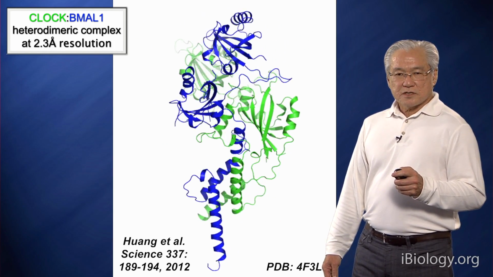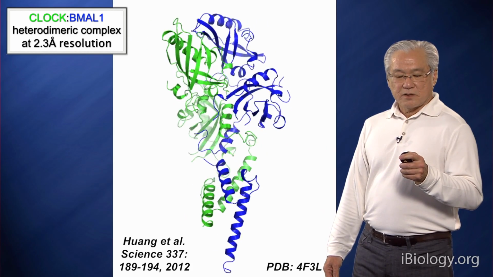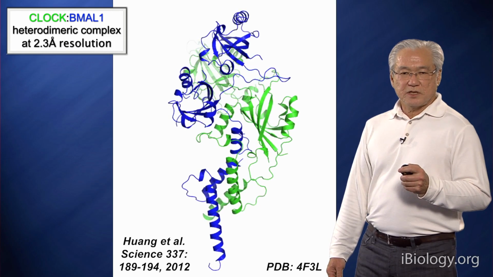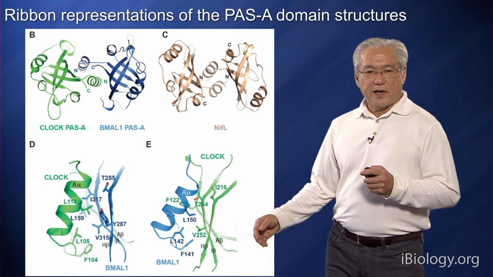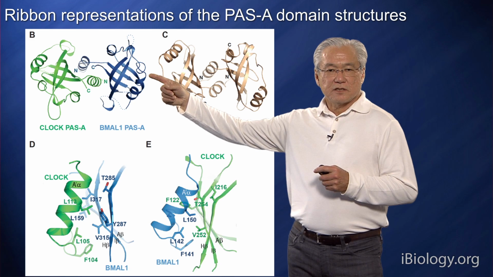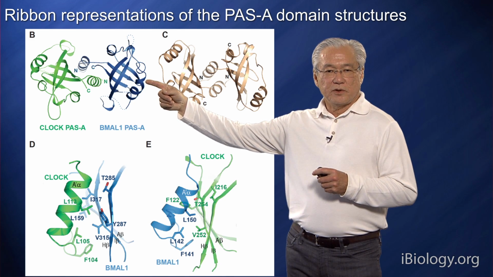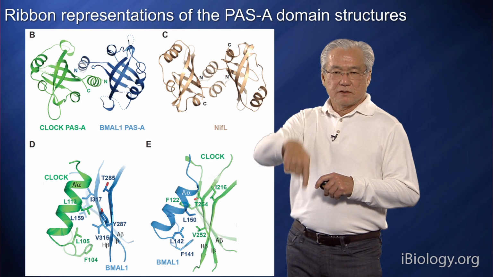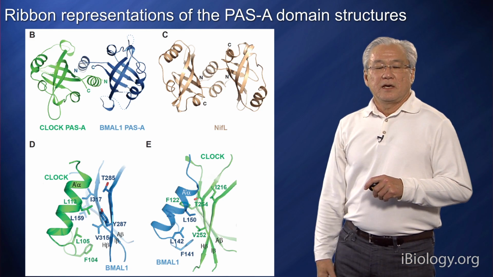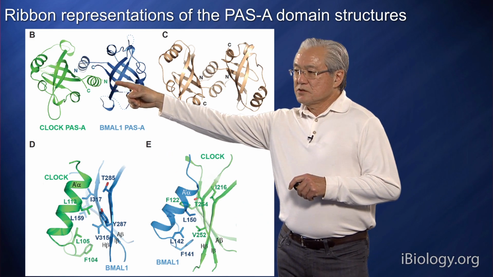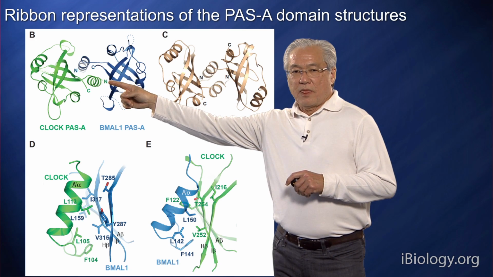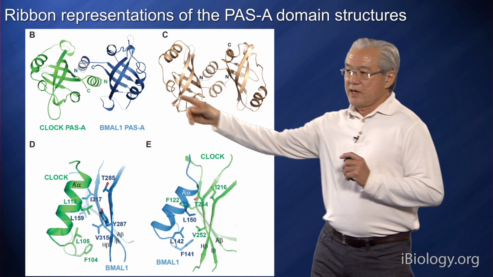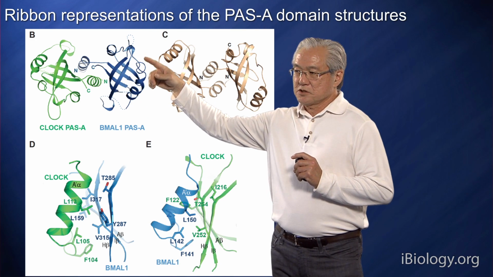In the next couple of slides, we'll take a closer look at the PAS-A domain followed by the PAS-B domain. So this is the PAS-A domains of BMAL1 in blue and CLOCK in green, looking at the domains down the long axis of the protein. What you can see is that there's a helix that's N-terminal to the PAS domain, which is the rest of the structure here.